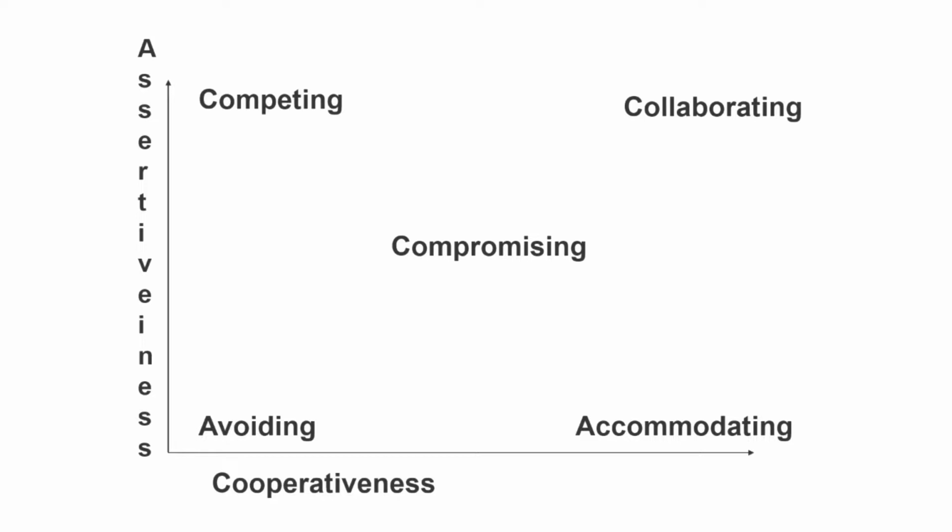So this is going along with others, not putting forward your view, or maybe putting forward your view and then letting go of it. And compromise is right there in the middle. So this means you might put forward your view, others put forward theirs, and you might agree on something in the middle, where neither of you get completely what you want in that situation.